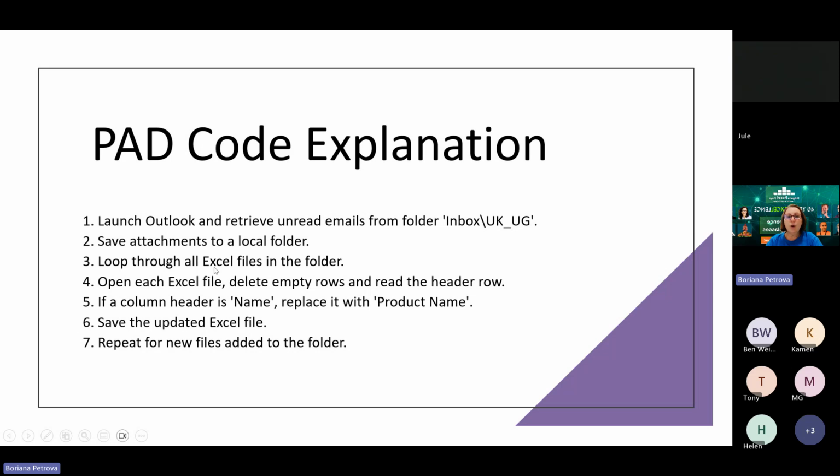After that, I will open this Excel file and bring exactly this file from the folder. I will delete a couple of empty rows at the beginning. And if I have a header with the title name, I will replace it with product name. Of course, after that we can save the file and repeat for all other files.